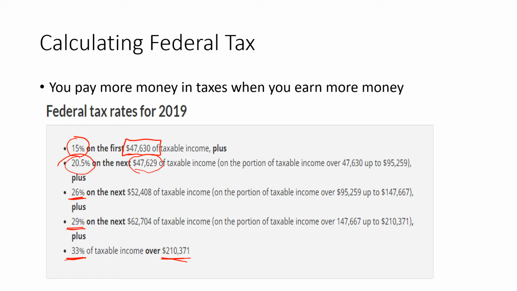Or sorry, so for example, if you're paying at this 26% right here, you are making 47 plus another 47, which is roughly 95,000. And here you're only paying at this 26% if you are making over $95,000. Okay. So we're going to learn about how to calculate this stuff because it seems a little bit complex, but it's not.